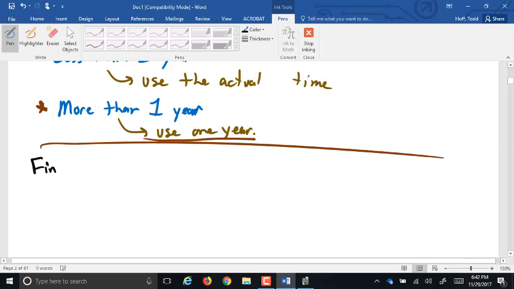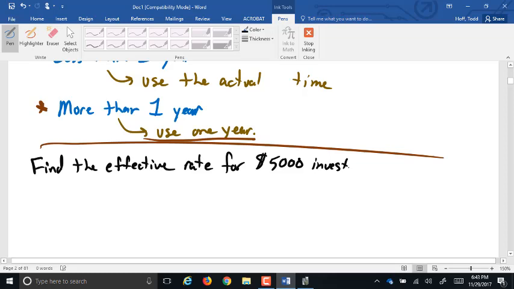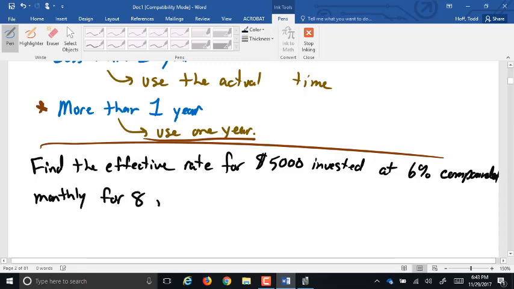So find the effective rate for $5,000 invested at 6% compounded monthly for 8 months.